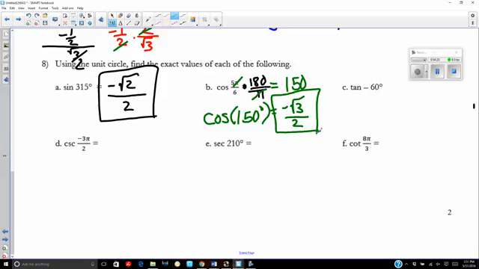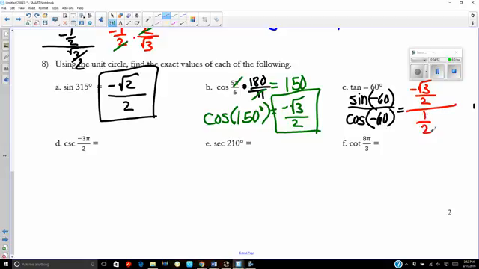Tangent of negative 60. This one we cannot do in the calculator, but we can find the sine of negative 60 and divide it by the cosine of negative 60. So the sine of negative 60 is negative radical 3 over 2. That means the cosine of negative 60 is going to be positive 1/2.